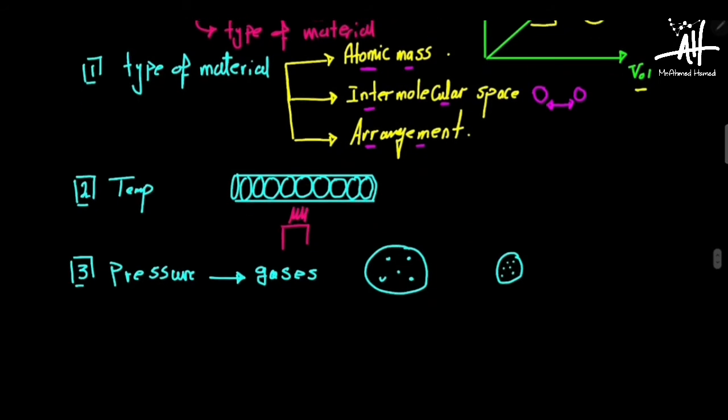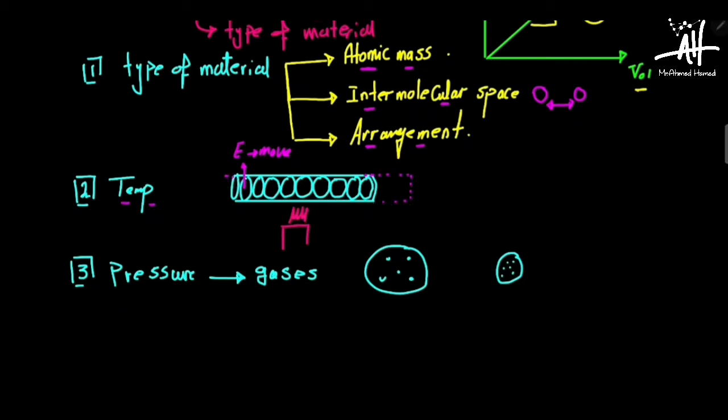The second factor that can change the density is the temperature. If we got an iron rod like this and we start heating it, after a few seconds the particles will gain energy. So they will start to move, and when they start moving, the distance between them will increase.